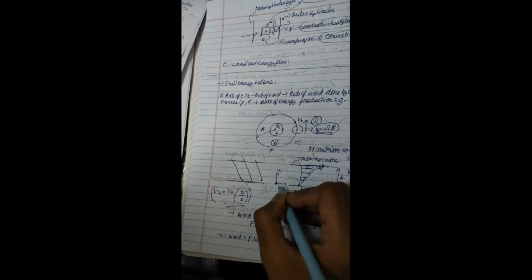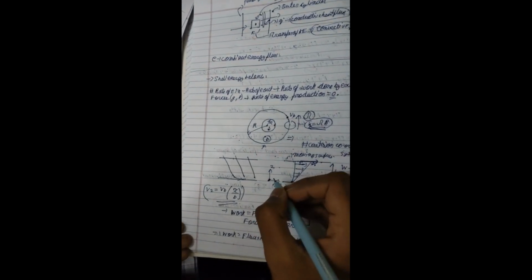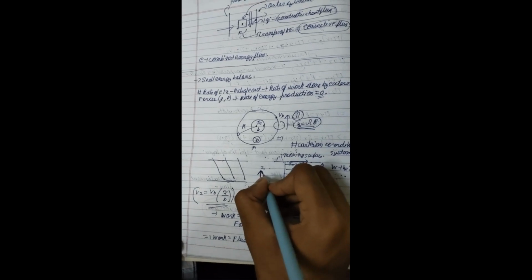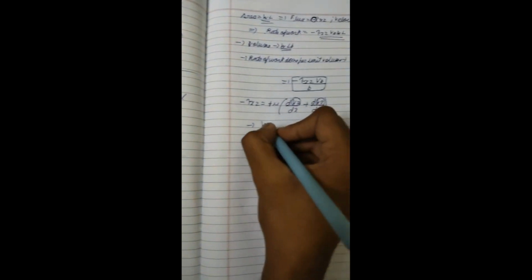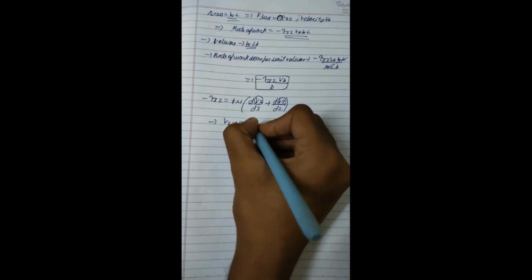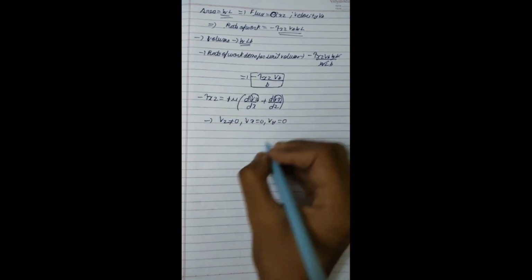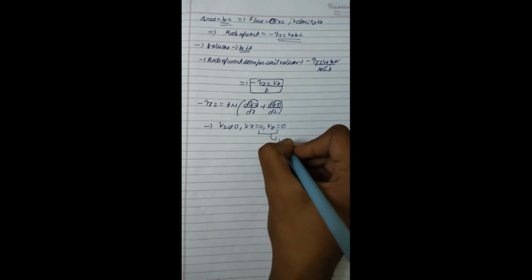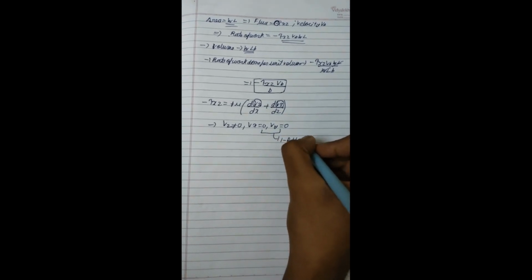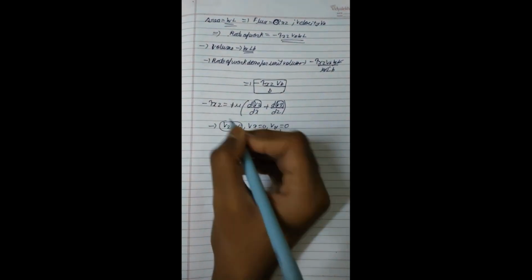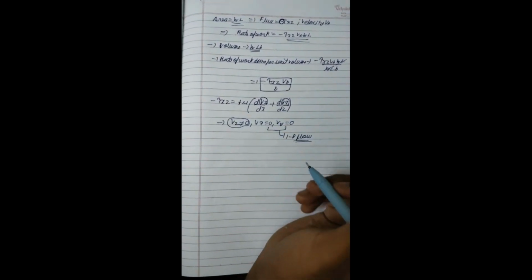From the velocity profile we can see that Vz is non-zero, so Vz is not equal to 0. Vx is 0 and even Vy is 0. Why? This is a 1D flow, meaning that only Vz will be non-zero and X and Y will be 0.